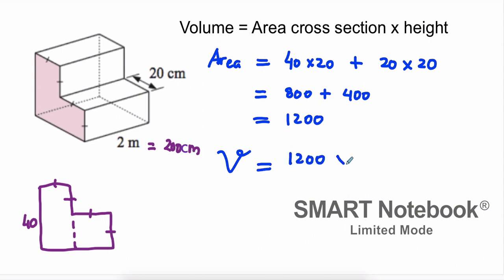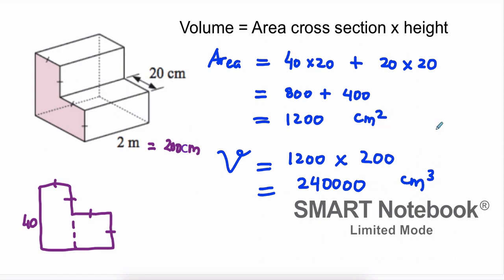And then the last step, you just have to multiply the area of the cross-section by the height or the length of the prism, which in this case is 200 centimeters. So then in the end you have 240,000 centimeters cubed. Don't forget, area has unit centimeter squared and volume has unit centimeter cubed.